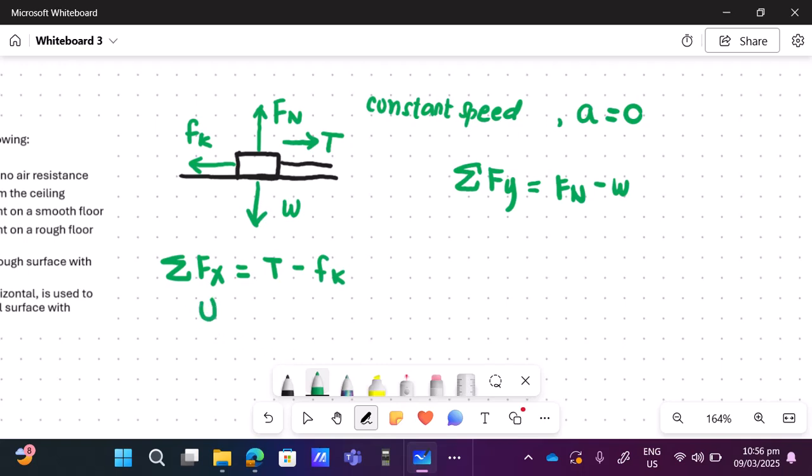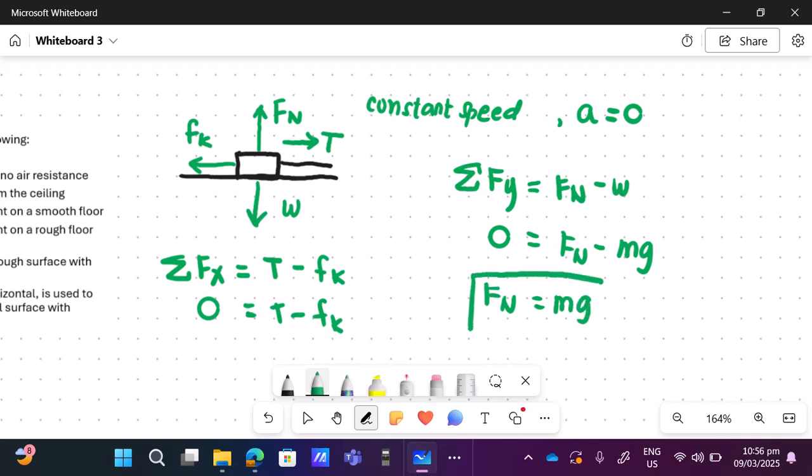So this will be 0 equals T minus F sub K. And of course, it's not accelerating along the vertical axis either. So 0 equals F sub N minus M times G. Then rearranging, F sub N equals mass times G.